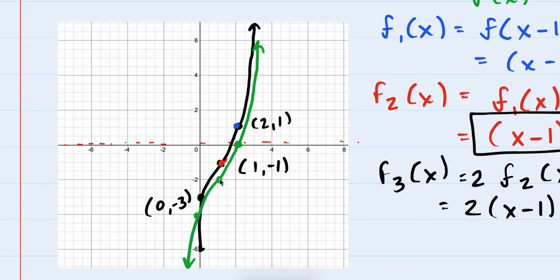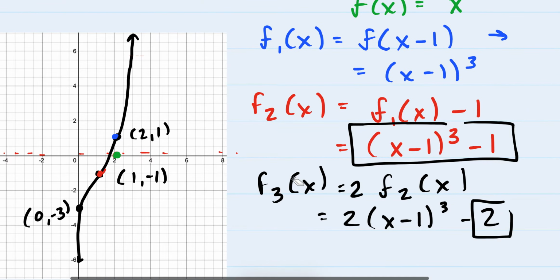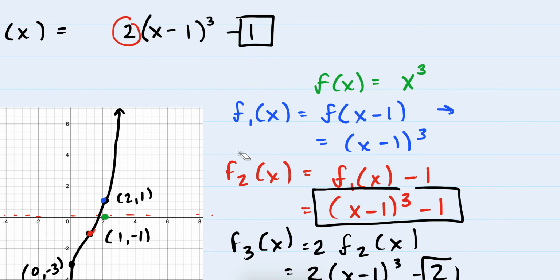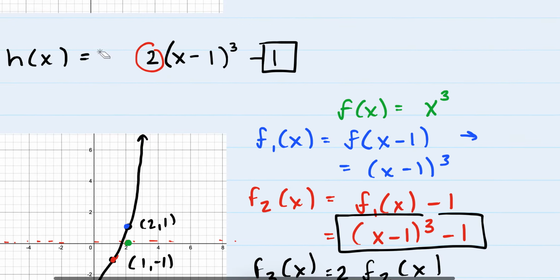And you can plug in these values. You're not going to get the right values when you plug them into H. So you can't just do them in any kind of order. You need to be very careful. That's why I'm defining this as f1 of x, f2 of x, and f3 of x, because I want to make sure that what I do to this function eventually gets me to this one.